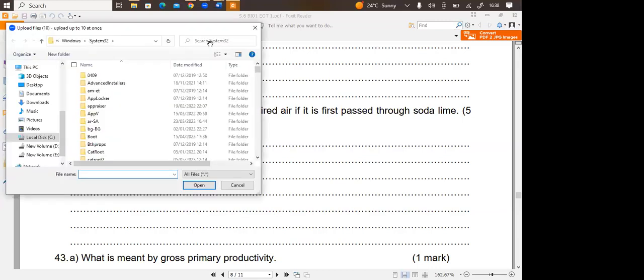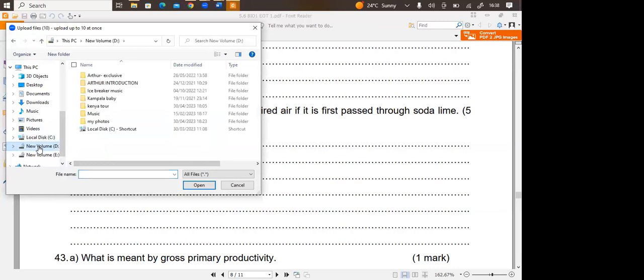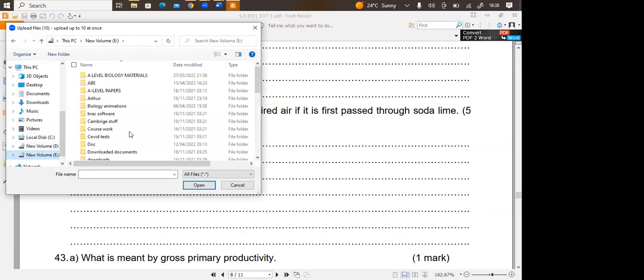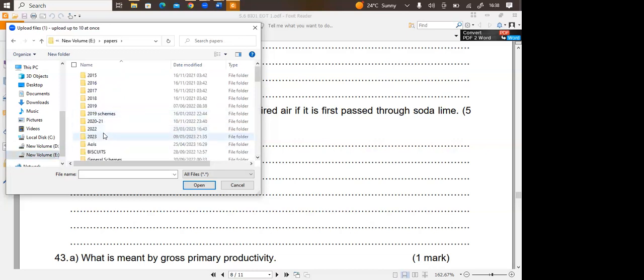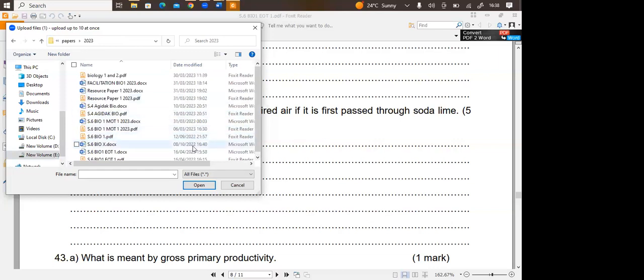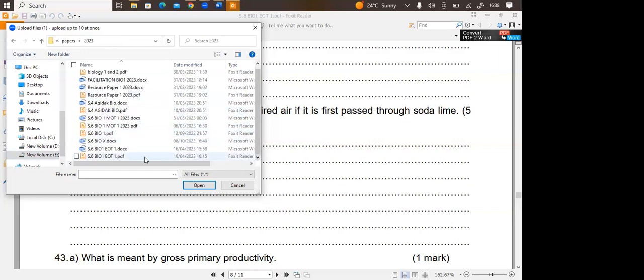Someone is saying carbon dioxide. Yes, carbon dioxide mainly. That is good. So it means that in expired air, we have carbon dioxide.